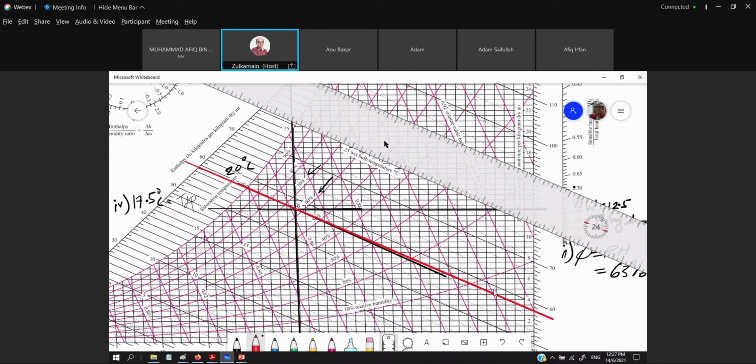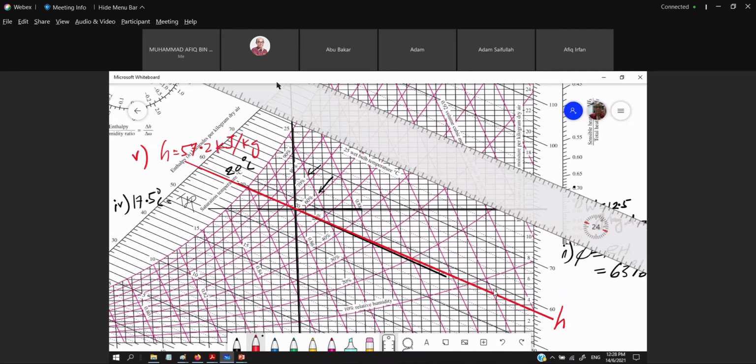Okay, enthalpy right there is about, this is 50, 51, 52, 54, 56, 58. So it's about 57, a bit more than 57. So let me put it as 57.2 kilojoules per kilogram. So this should be number 5, the enthalpy.